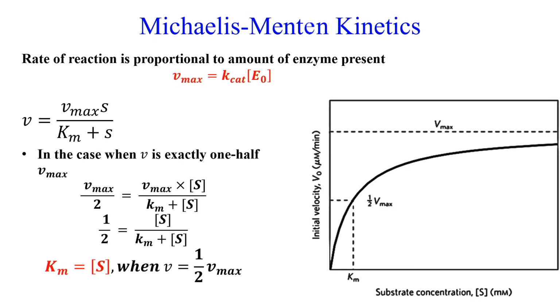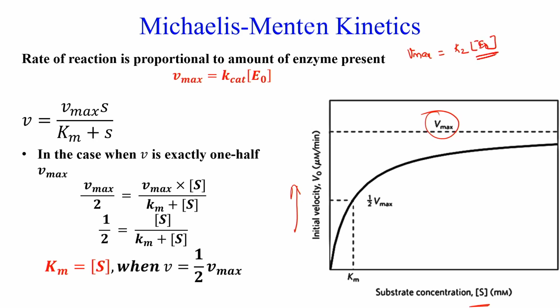Now, if you increase the substrate concentration, the rate of reaction increases rapidly, then reaches a plateau, and the plateau value, the saturation value, is the Vmax. And how is Vmax calculated? Vmax is K2 into E naught.